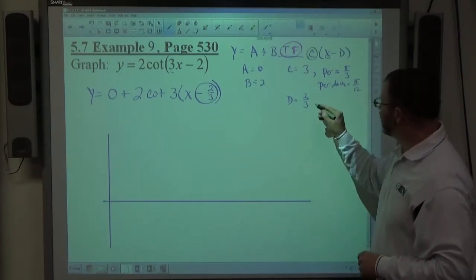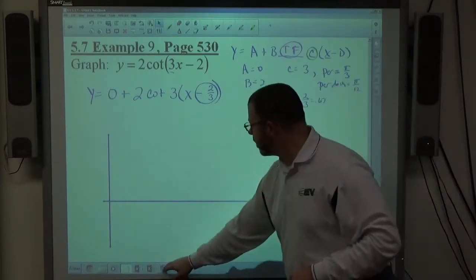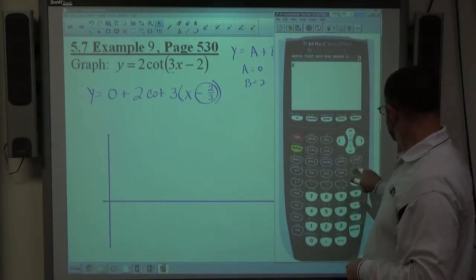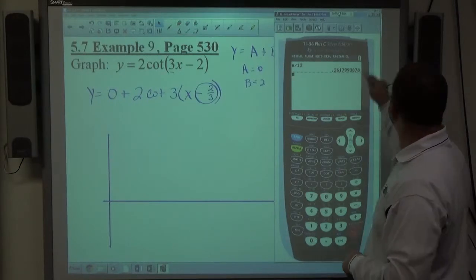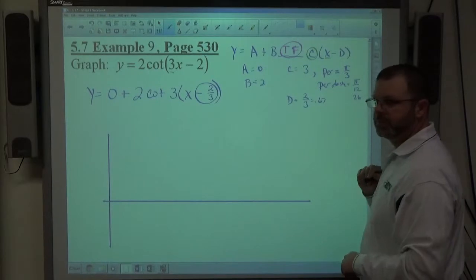2/3 is 0.67 as a decimal. And if I type in my calculator pi over 12, that comes out to 0.26. So per dash is 0.26.